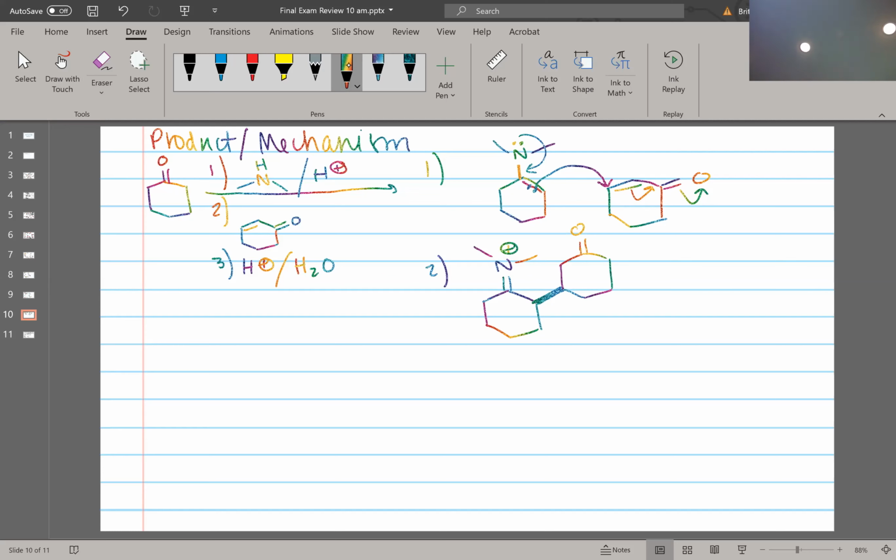And then in step 3, what are we doing? The amine turns into a ketone. Right, so this is the hydrolysis of the iminium ion that was formed.